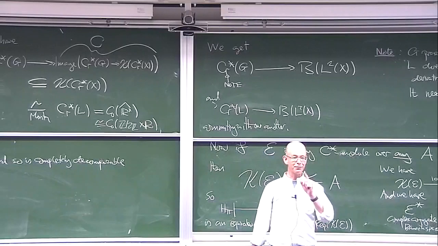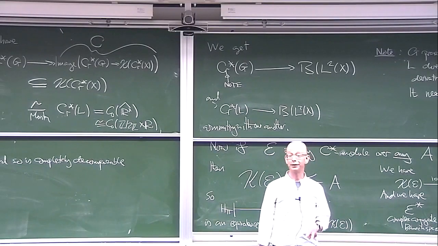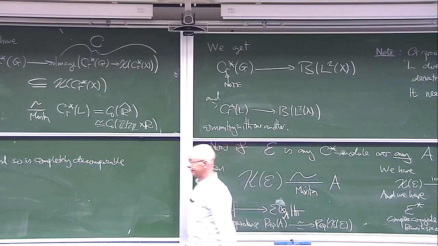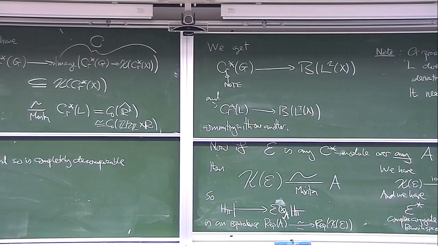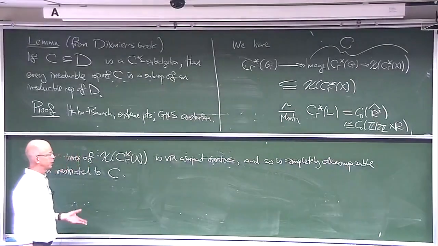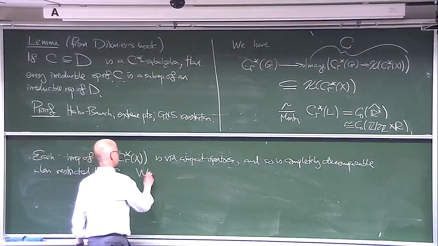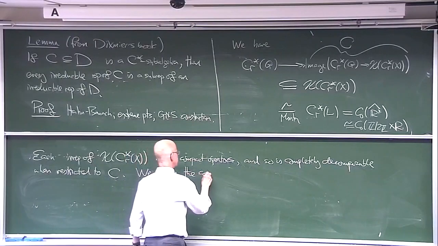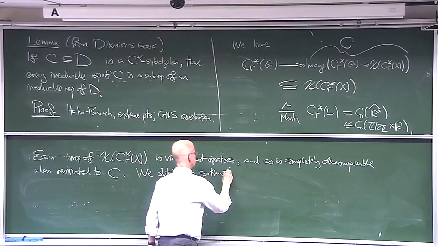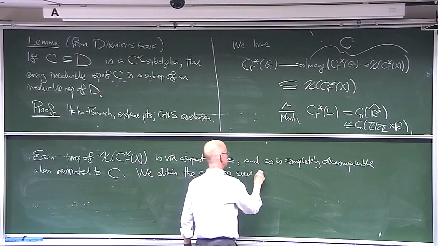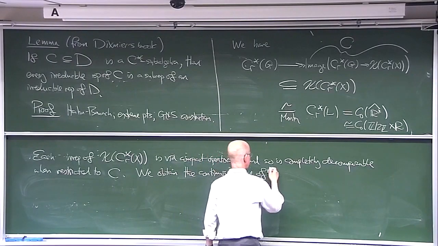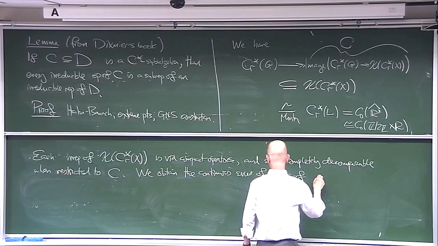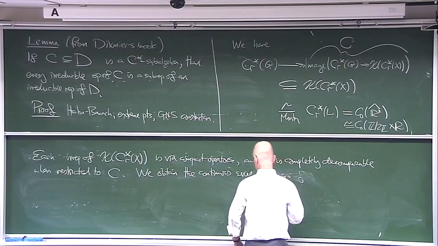And only in one example is the representation decomposable, and then it only decomposes into 2 bits. So it's basically the restriction of an irreducible is again irreducible. And so we get the continuous series that I was mentioning. Continuous series N.